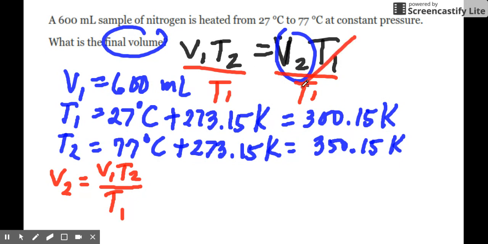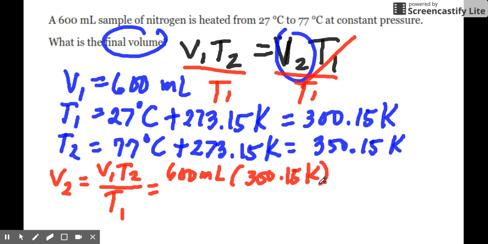So now we're ready to substitute. Our units are okay. That is 600 ml times T2, which is 350.15 Kelvin, over T1, 300.15 Kelvin.